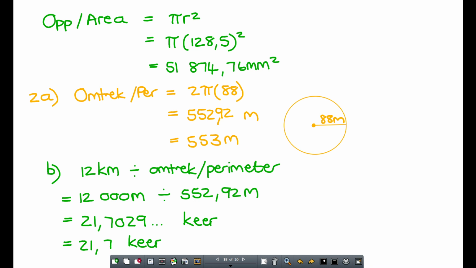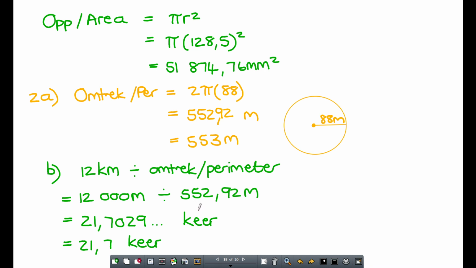So you will see that the 12 kilometers, I first converted to meters. Now, how many meters in 1 kilometer? 1,000. So instead of 12 kilometers, I talked about 12,000 meters. And then said divide it by the perimeter of that circle. And you'll see I didn't use the rounded off one.